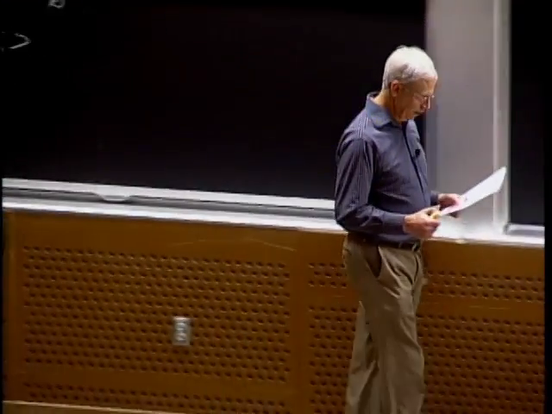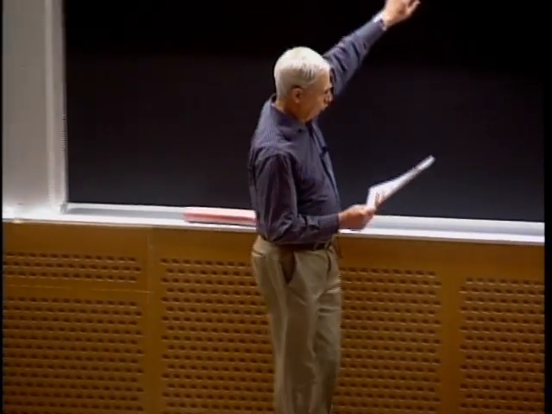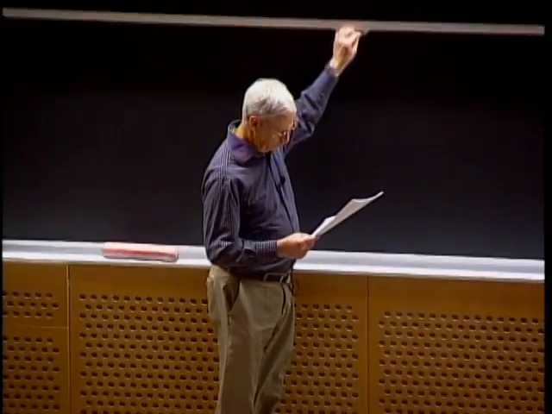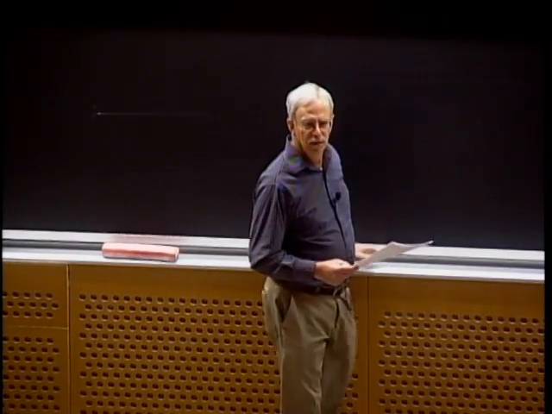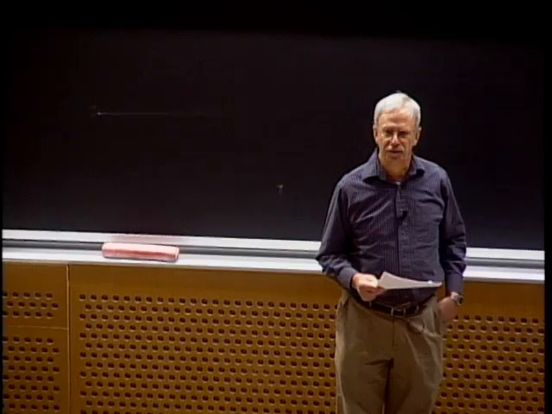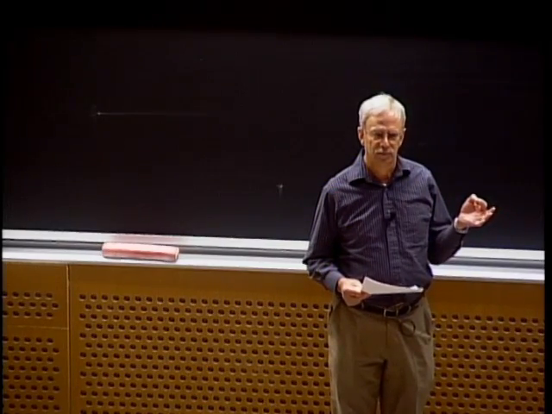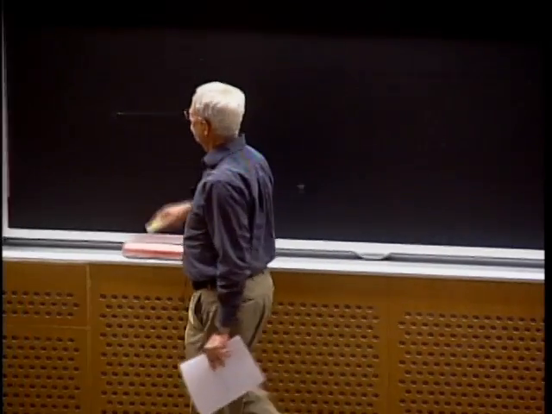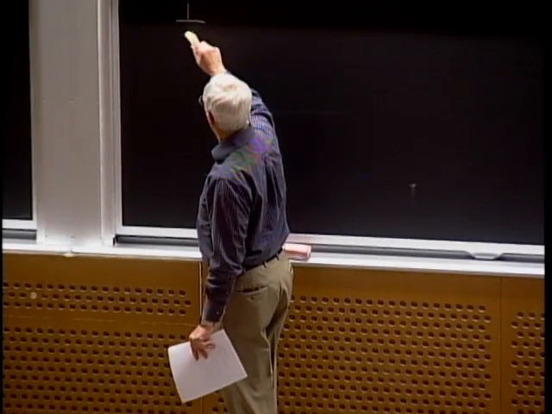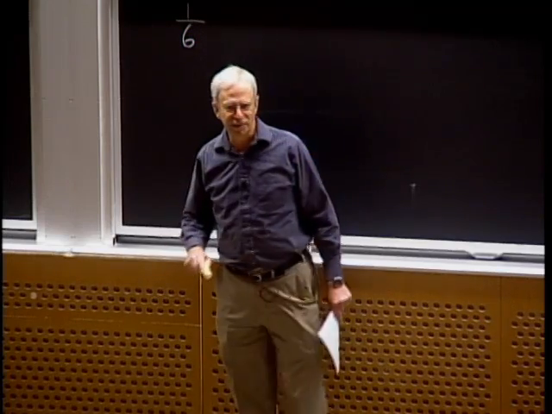So what's the probability of not rolling a double 6 on the first try? Well, the probability of not rolling a 6 on one die is 5 over 6.